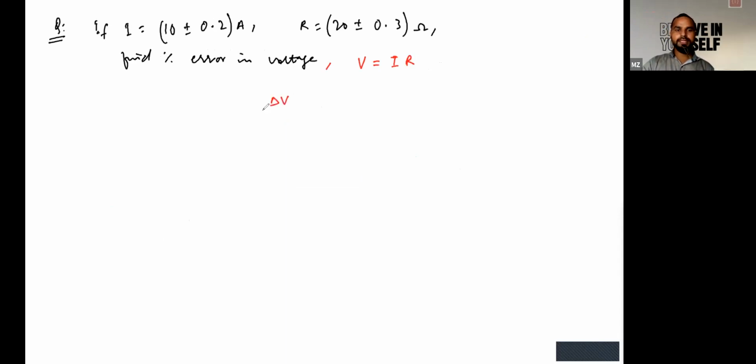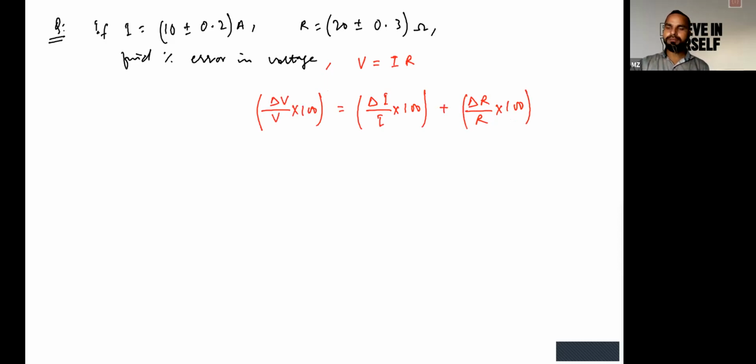So you will say delta V divided by V into 100 is the percentage error in voltage. It would be equal to delta I over I into 100 as the first part, and delta R by R into 100 as the second part, and the two are added. Now put the value of each segment and simplify. The true value for current is 10, error for current is 0.2, the true value for resistance is 20, and error for resistance is 0.3.